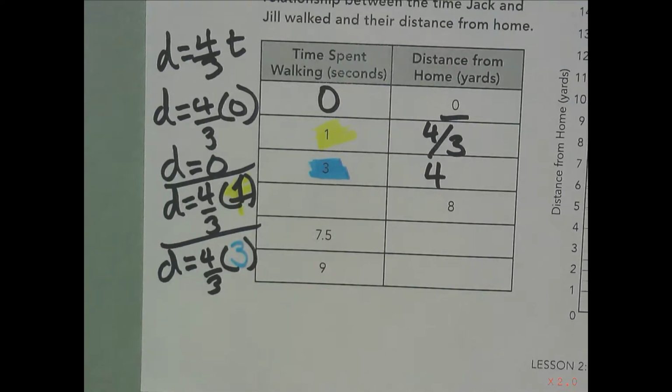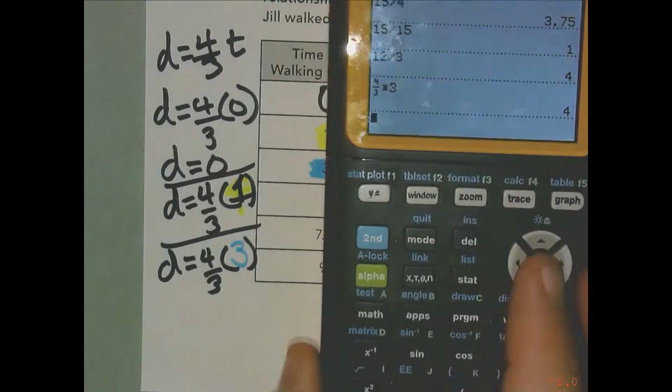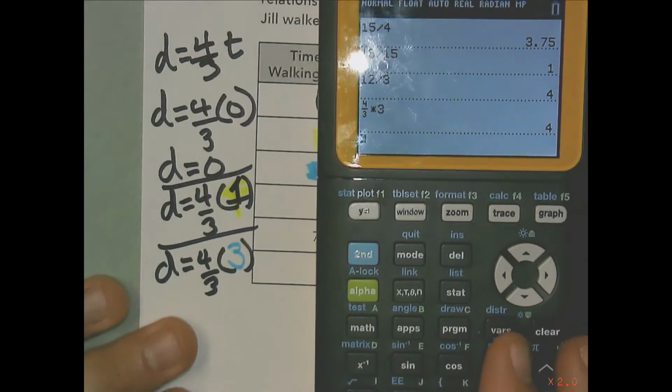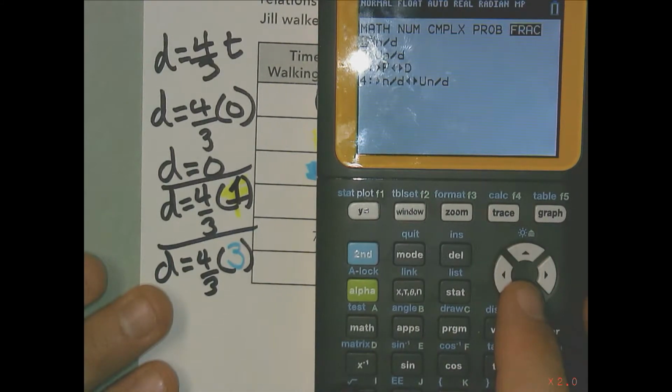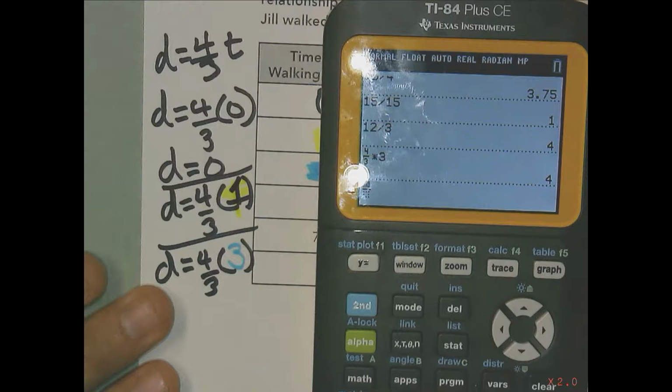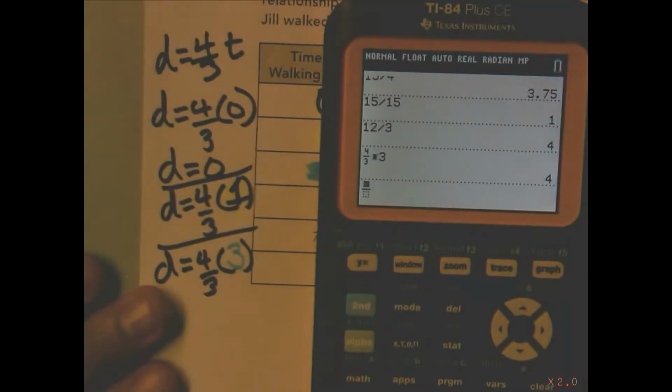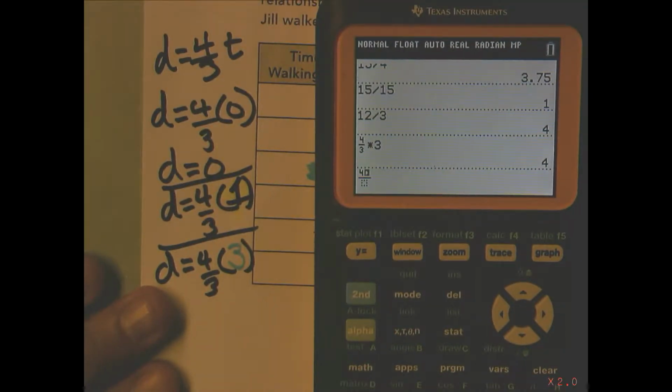If I get 4 yards in 3 seconds, how many seconds do you think it'll take to get 8? Yep, 6, just by guessing. Now, how could I double check that, though? Calculator. So I'm going to take my calculator, and I'm going to hit math, go over to fraction, choose the fraction, and then I'm going to type in 4, go down here, 3, times, now this time, instead of 3 seconds, what do I plug in?